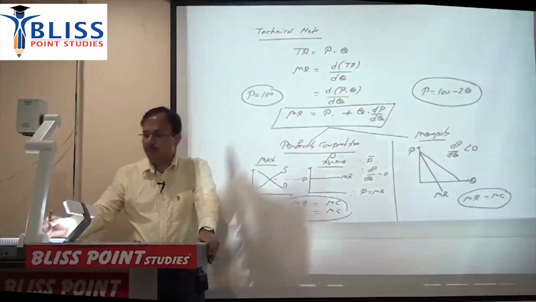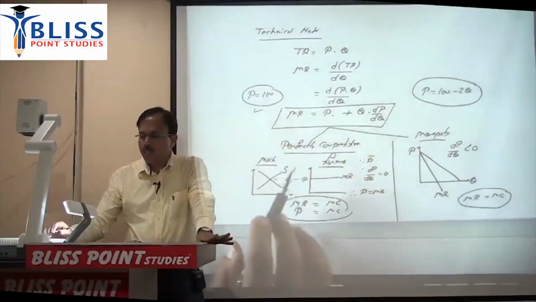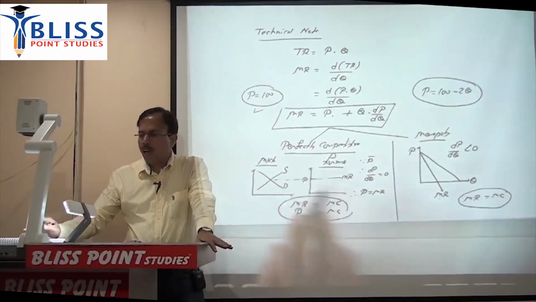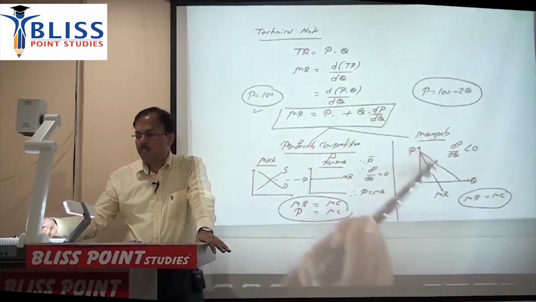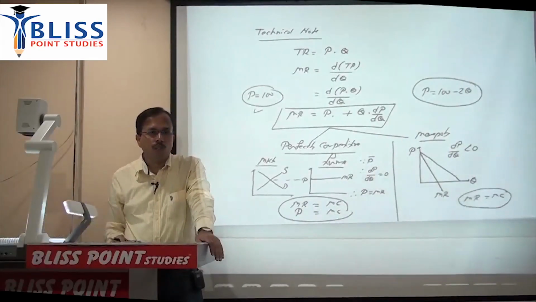So whenever a given price is there, it means the question is for competition, and whenever price and quantity are inversely related, it is basically for monopoly.